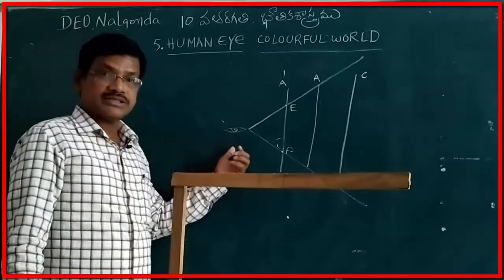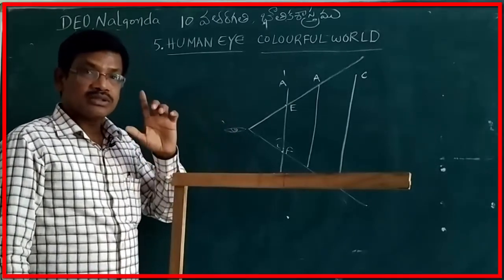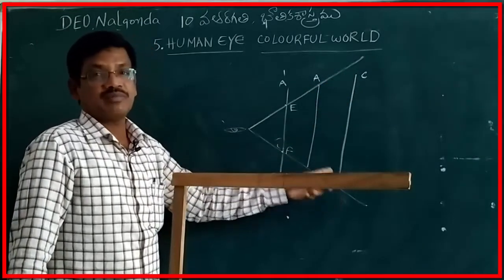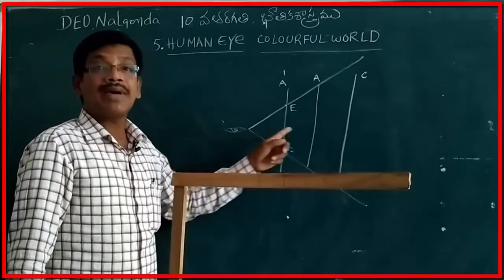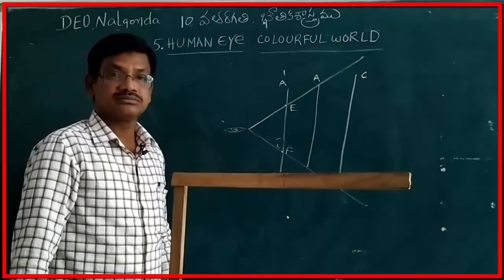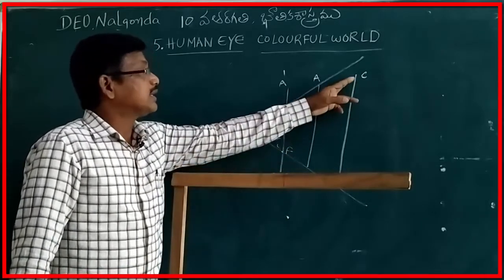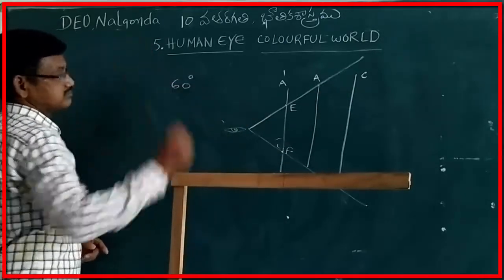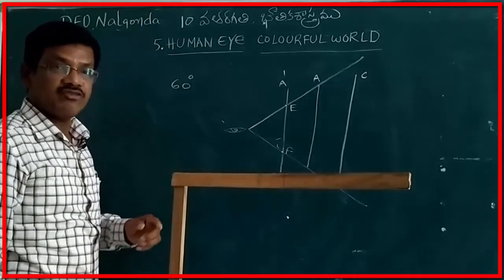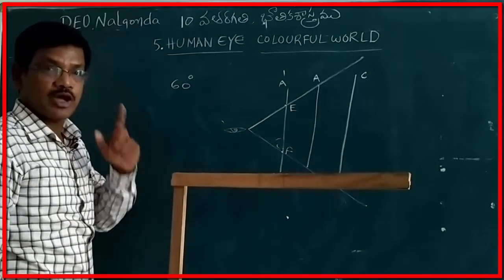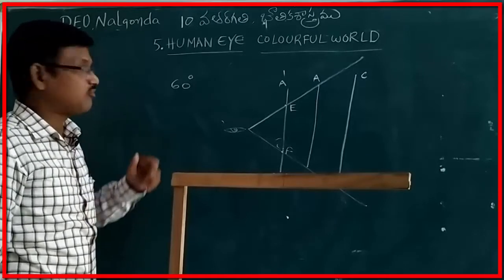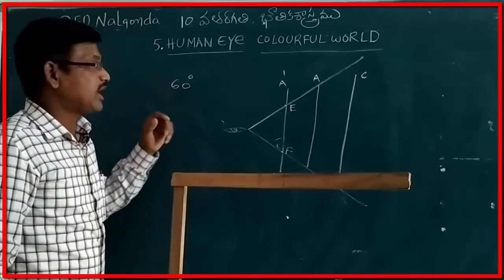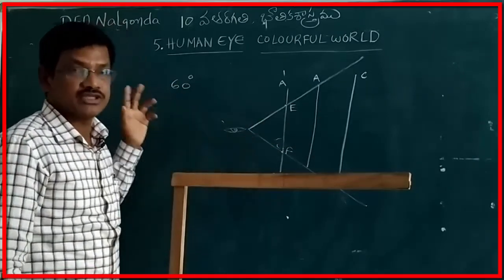We must also remember that the rays coming from the top and bottom of an object to an eye form an angle, and if the angle formed by the rays coming from an object to the eye is 60 degrees or less than 60 degrees, we are able to see the object completely with our eyes.